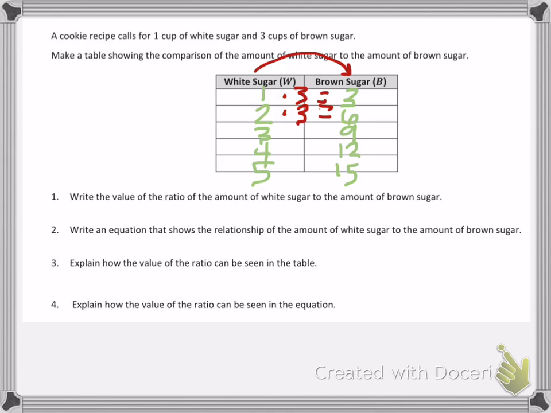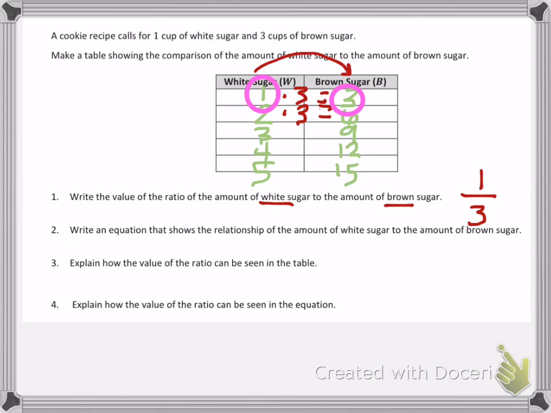So here's what we'll do. We're going to do white to brown. So my equation, first of all, the value of white to brown is white 1. So that will be 1 over brown, which is here, and that's a 3. So it's 1 over 3, 1/3.